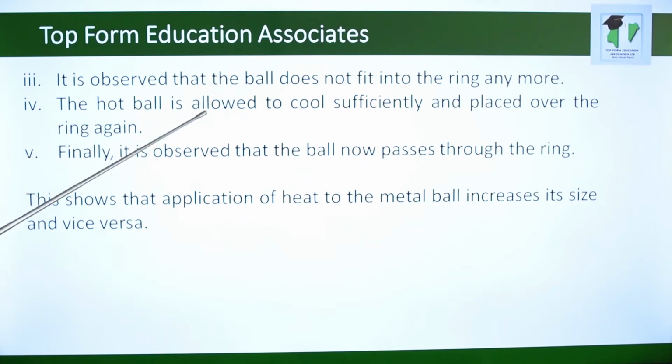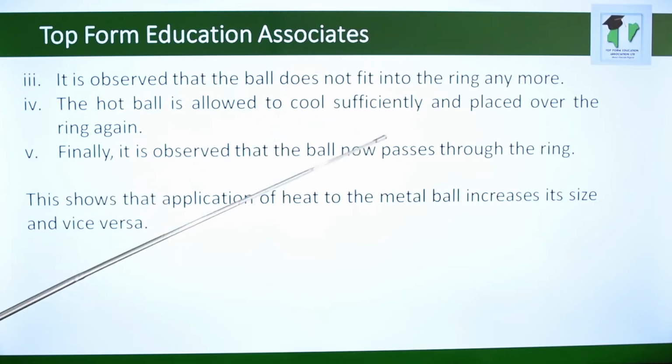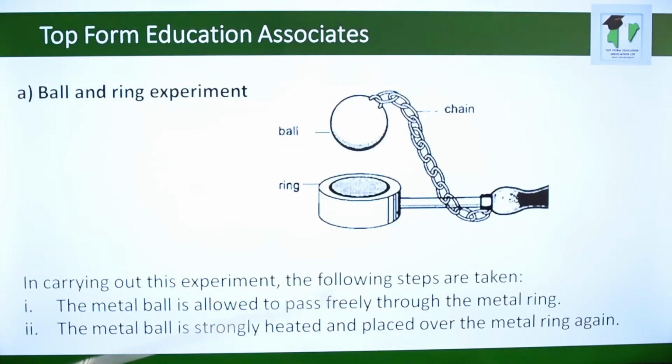The hot ball is then allowed to cool sufficiently and placed over the ring again. Finally, it is observed that the ball now passes through the ring. So look at the ball here. First of all, you allow it to pass through, and then you heat it very well so that it expands. Once it expands, it cannot pass through the ring again.